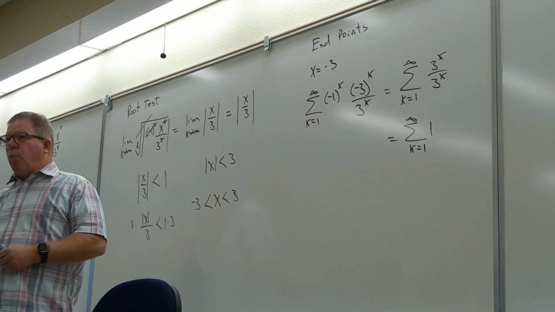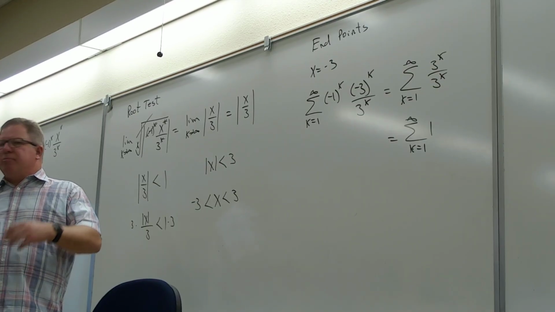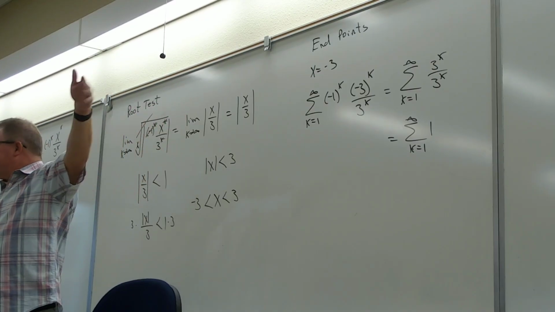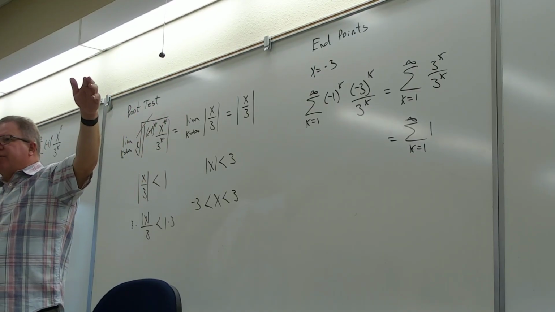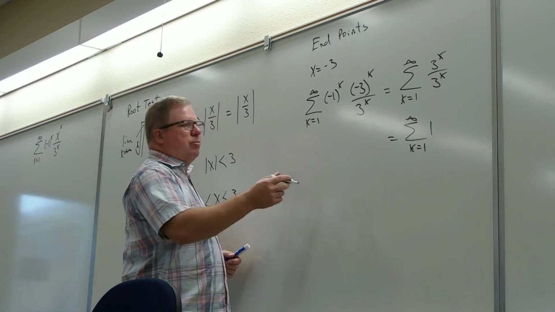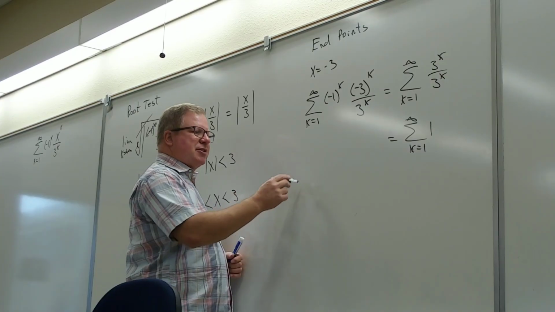What does the sum of 1 do? Does that converge or diverge? You're going to be adding an infinite number of 1s: 1 plus 1 plus 1 plus 1. Is that going to converge or diverge? Diverge. And you can prove it with the divergence test.